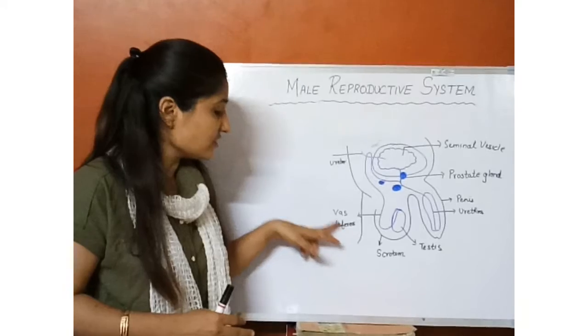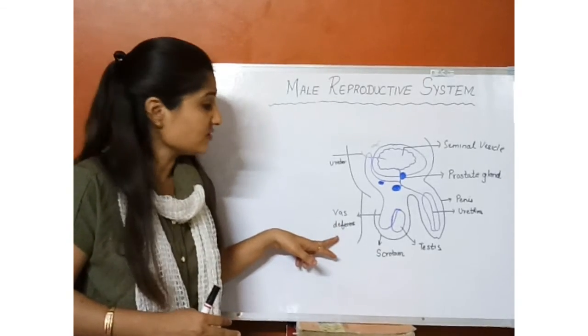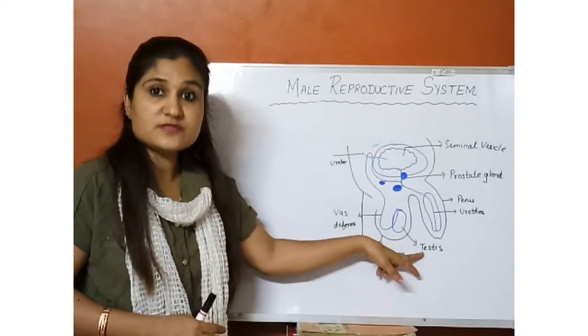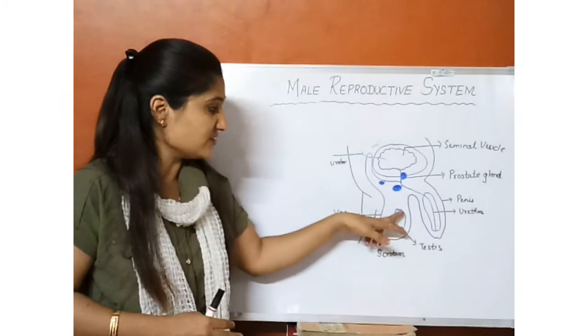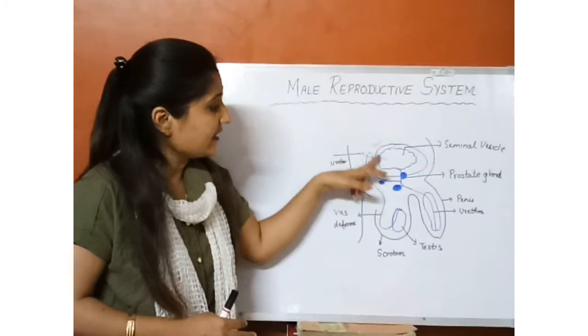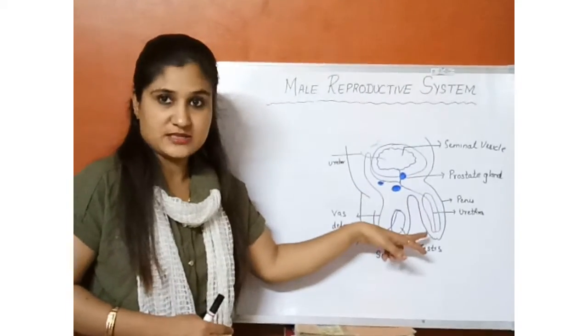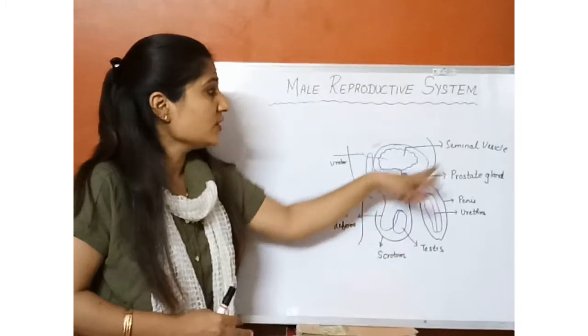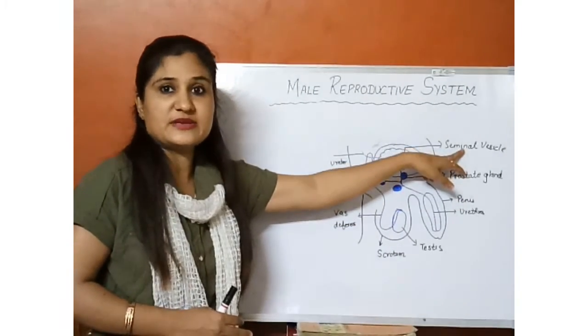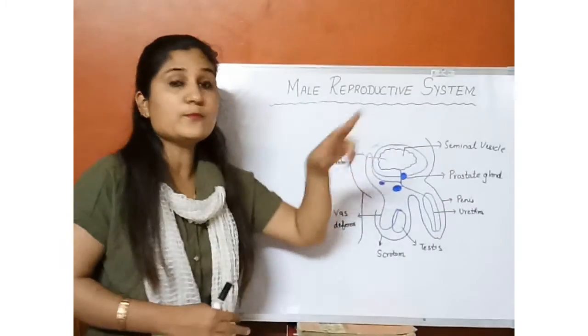Now what is the function of the vas deferens? Now the function of the vas deferens is that when the testes form the sperm, the vas deferens carries the sperm to the penis. Okay, now two glands are there, one is the prostate gland and one is the seminal vesicle. Both have an important role.